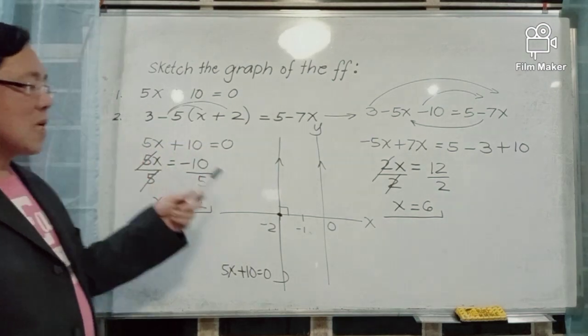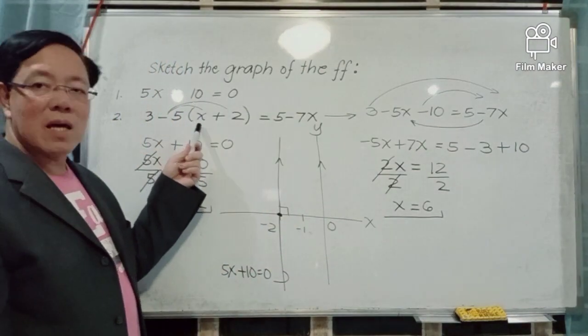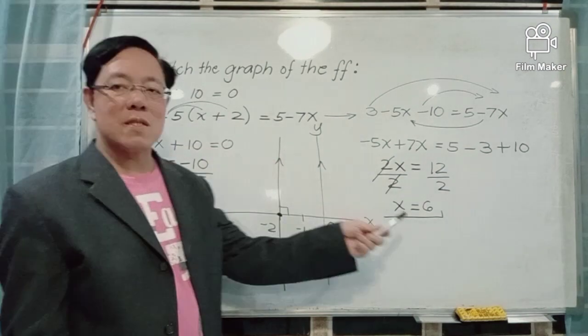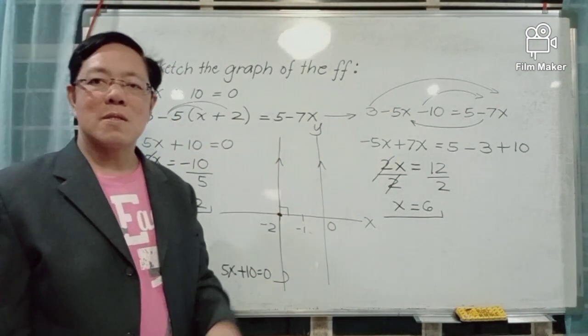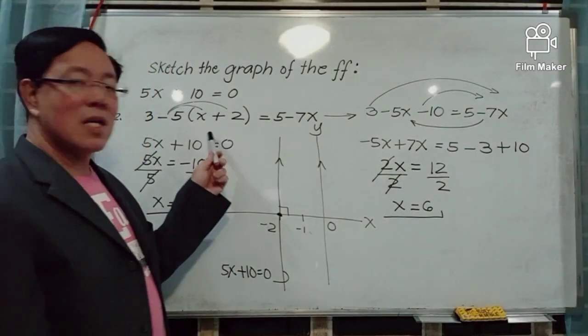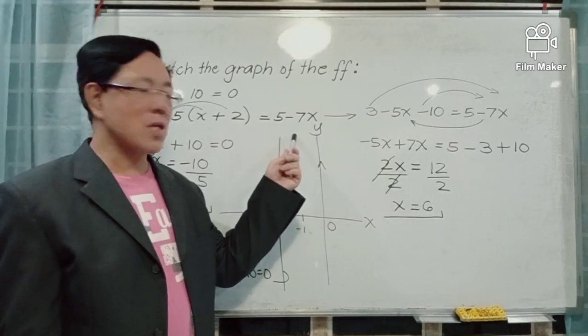And to verify whether this is correct, simply replace x in this equation with 6. And after performing the operations and simplifying, if this is a solution, the value at the left side should be equal to the value at the right side of the equation.